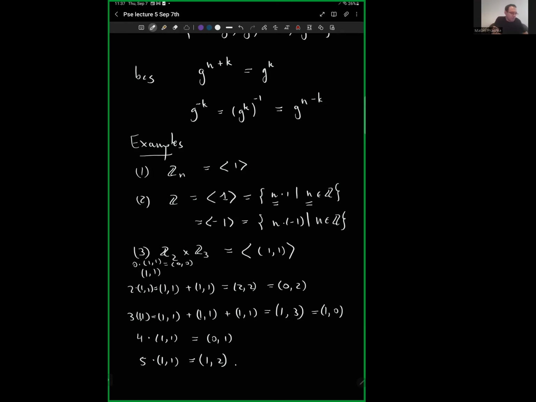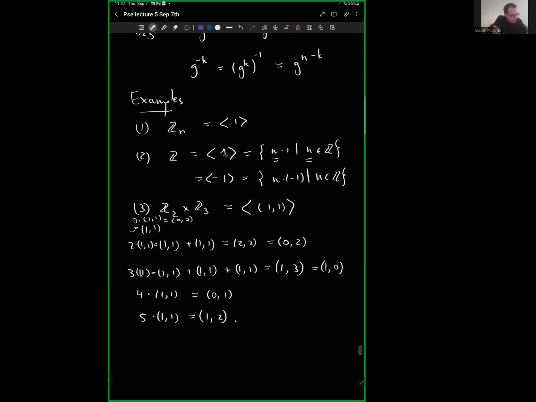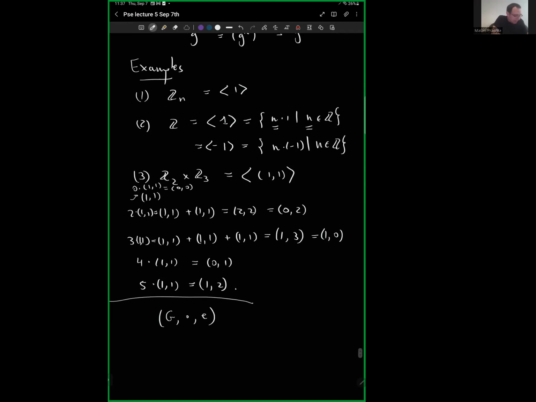So yes, but when I say 0 times 1, this is a constant source of potential confusion. When I talk generally about groups, I use the multiplicative notation, G, dot, E. And under this notation, G to the n, of course, is G operation G with itself n times.